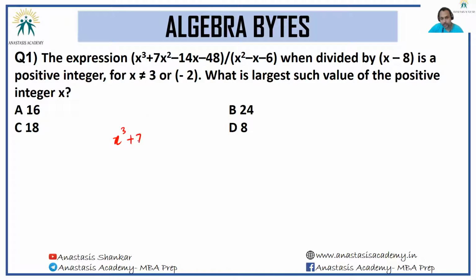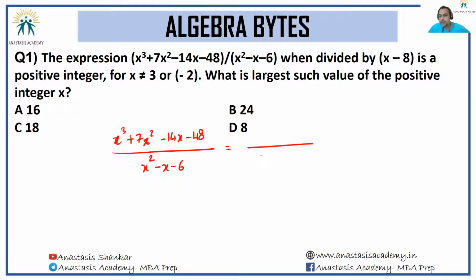x cubed plus 7x squared minus 14x minus 48, whole thing divided by x squared minus x minus 6. Now see, breaking down a cubic expression is difficult, but breaking down a quadratic is easy.